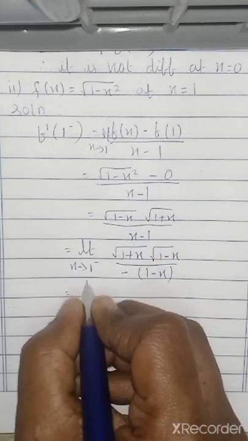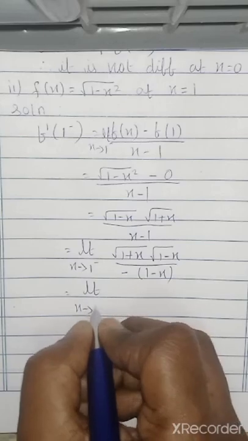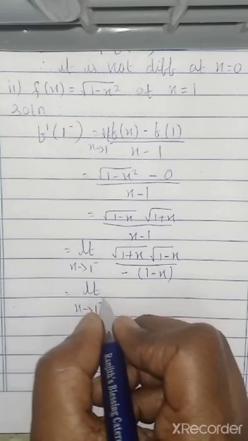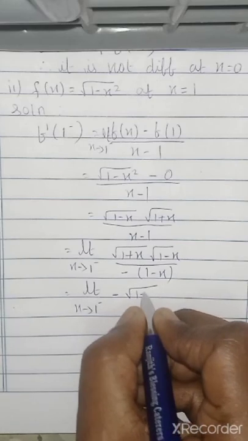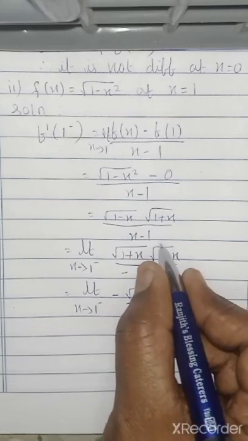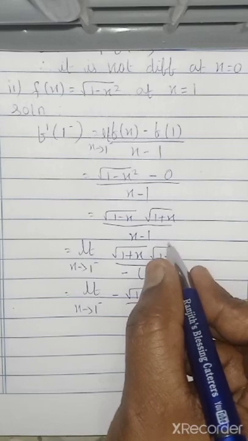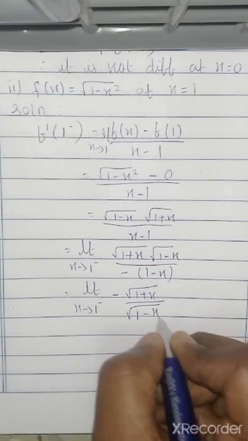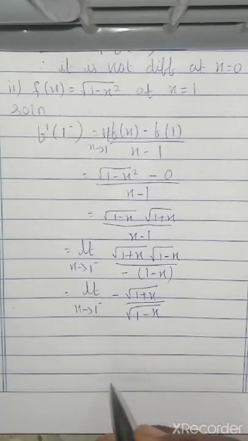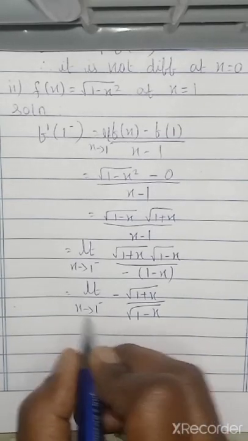So what will be remaining? The limit as x tends to 1 minus; this minus we can take to the numerator, square root of 1 plus x divided by, here it is 1, here it is a half, so the remaining will be a half. So 1 minus x to the half will be remaining. Now we have to substitute the x value as 1.